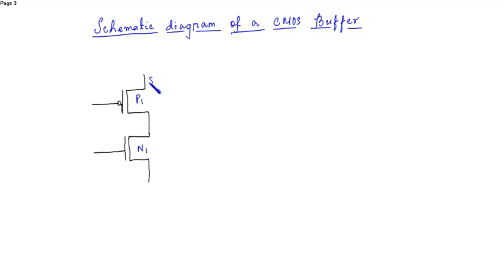This is the source of the PMOS, this is the gate of the PMOS, and this is the drain of the PMOS. This is the source of the NMOS, this is the gate of the NMOS, and this is the drain.